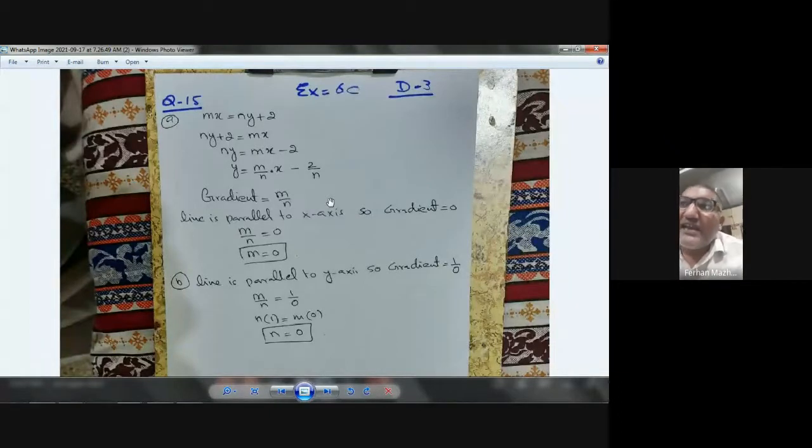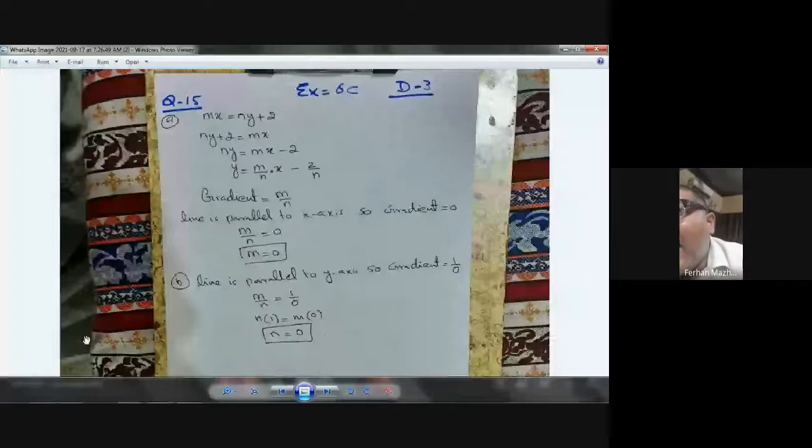So you can see here that the gradient of this line, m by n, I make equal to 1 by 0. 1 by 0 means infinite. So cross multiply: n multiplies with 1 and m multiplies with 0, so n will equal 0. So you see, these are the two conditions.